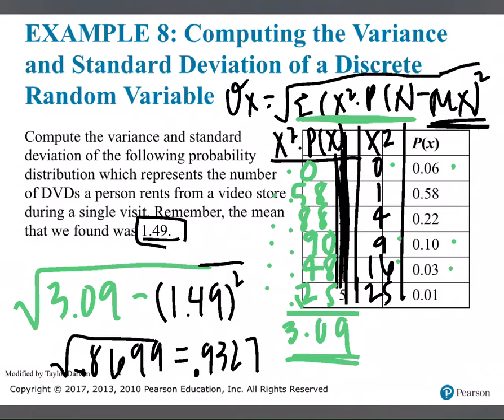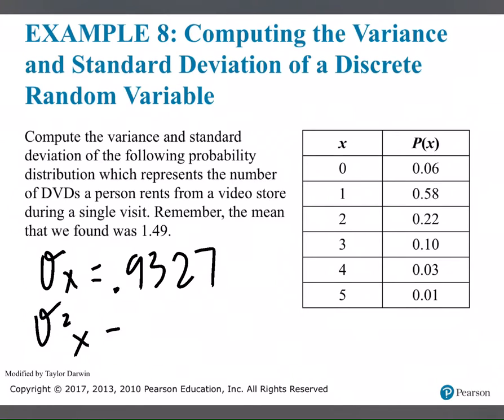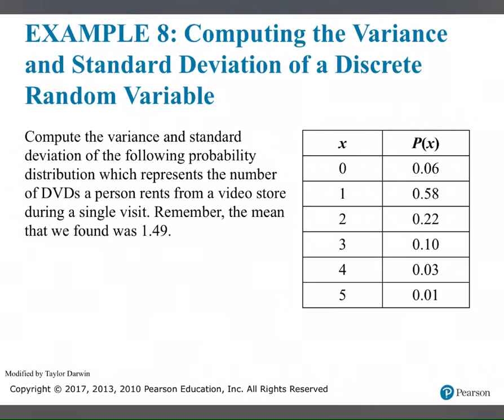I'm going to go ahead and erase this in a second to write my final answer, so be ready for that. So my standard deviation was 0.9327. And your variance is always that number right before you square root it. I didn't write it down, I'm sorry. I think it was 8966. 8699, sorry.